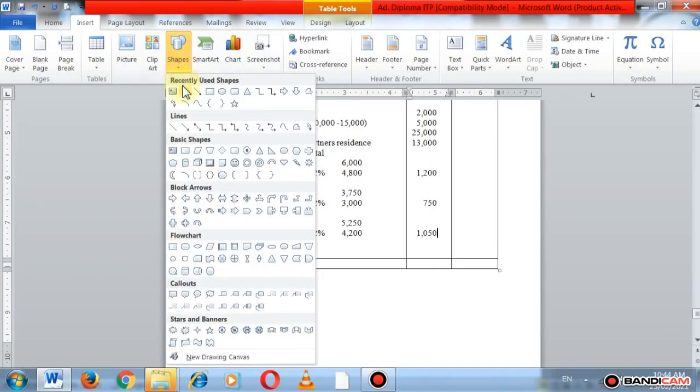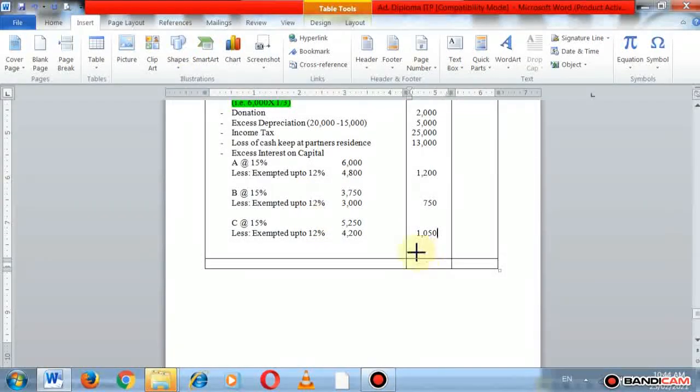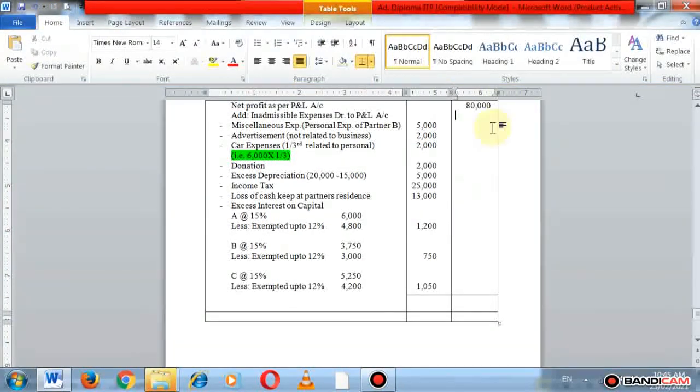Here we add all the disallowed expenditure to the net profit of the firm. Net profit is rupees 80,000 and the total is 57,000.